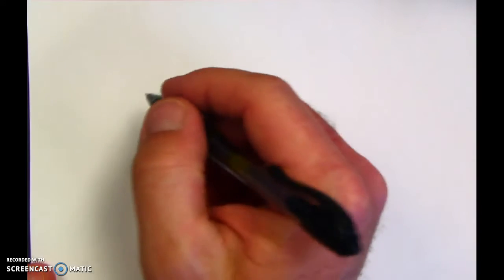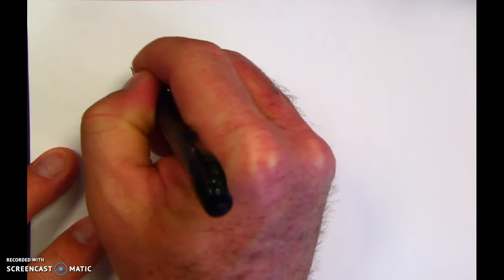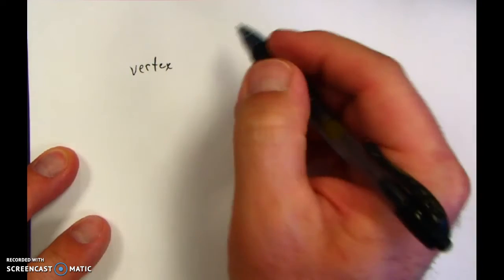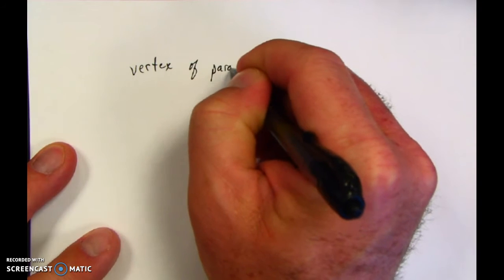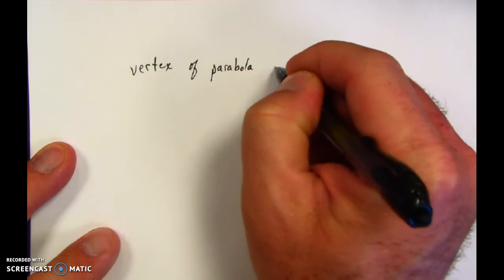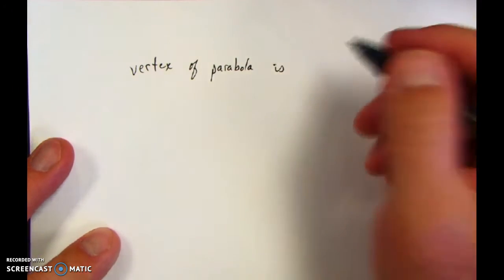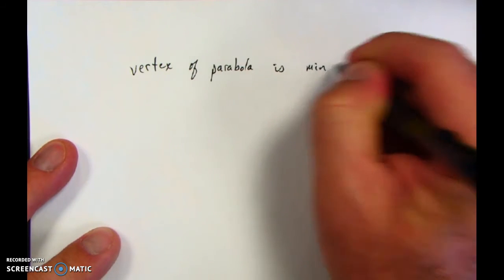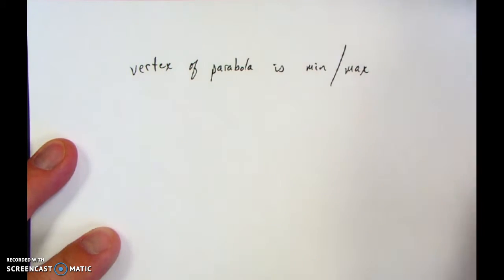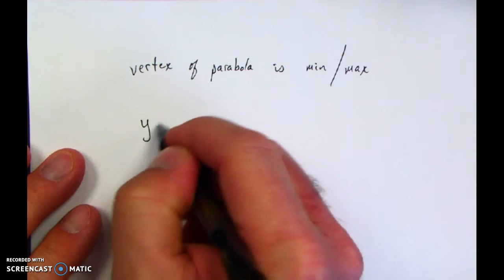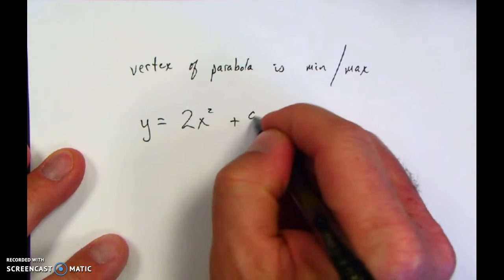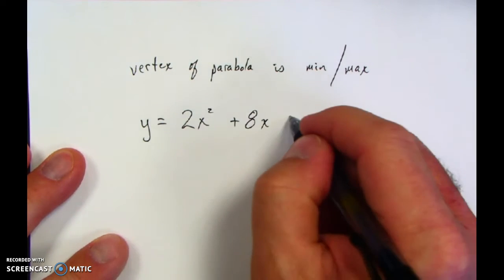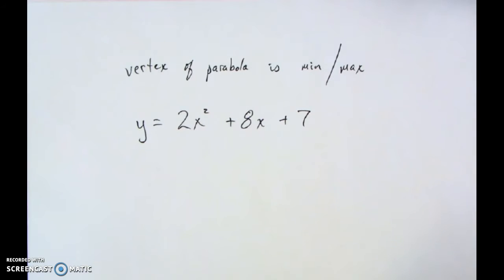Now we also have mentioned here that the vertex of the parabola is our minimum or maximum value. All right, so if we have an equation, y equals 2x squared plus 8x plus 7.